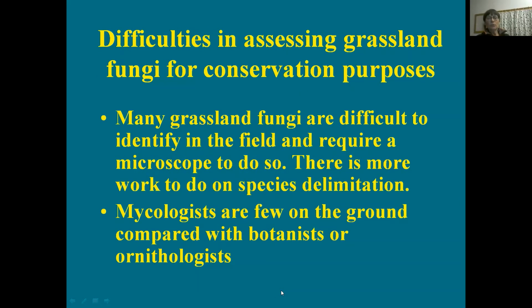To compound all of that, many of the grassland fungi are very difficult to identify in the field, and you need to take them home and work on a microscope. Also, I mentioned DNA, and certainly as people are looking at what we consider identified fruiting bodies and getting a DNA profile from good material, what we're finding is that some of these species are in fact not one species, but a group of species that look very similar, but actually are genetically rather different.